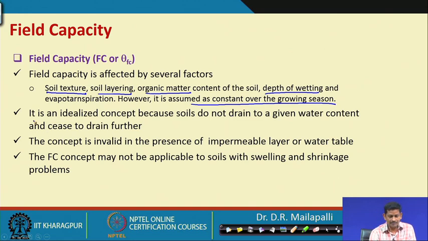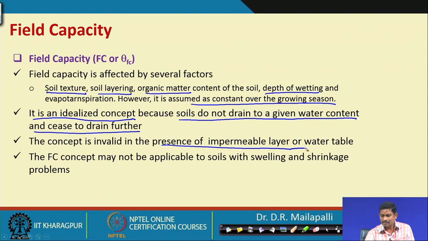Of course, field capacity is an idealized concept, because soil does not drain to a given water content and then cease to drain further. And the concept is invalid in the presence of an impermeable layer or water table. Suppose you have a water table lying below the soil and also an impervious layer.